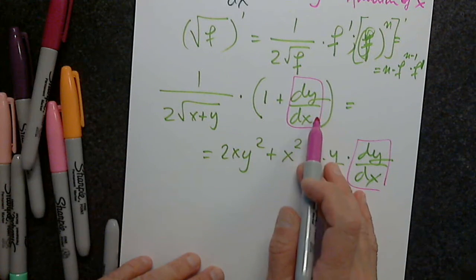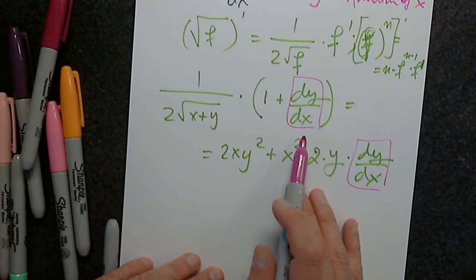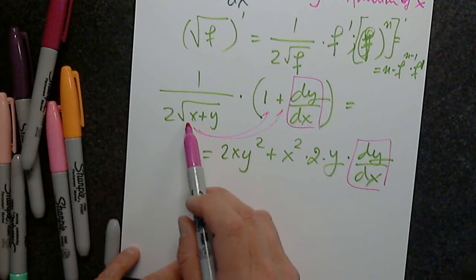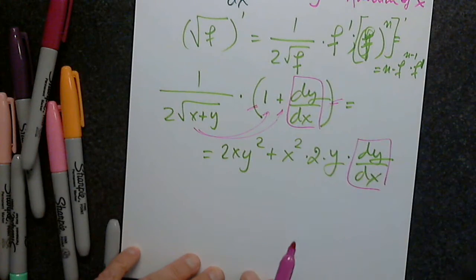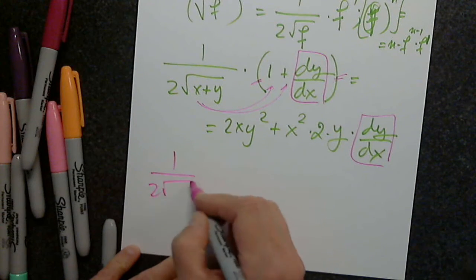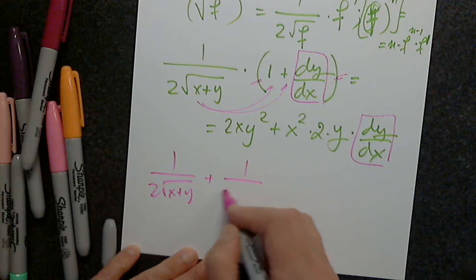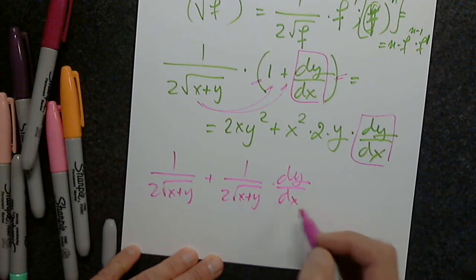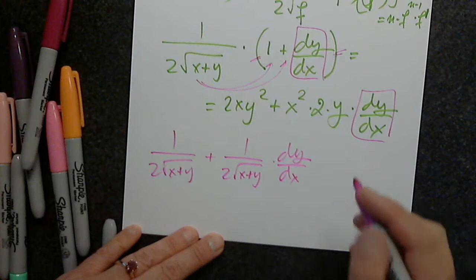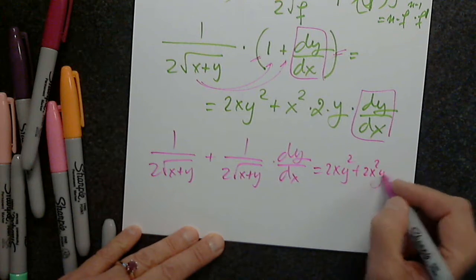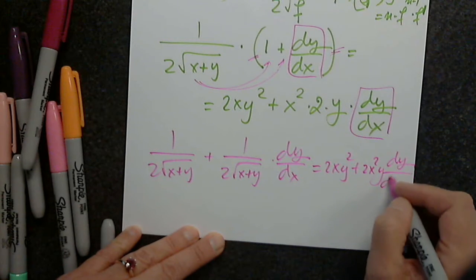But I cannot remove it from the inside of parentheses, so I have to first distribute this quantity, eliminate parentheses, and then proceed. So 1 over 2 the square root of x plus y plus 1 over 2 the square root of x plus y times dy over dx equals 2xy squared plus 2x squared y dy over dx.